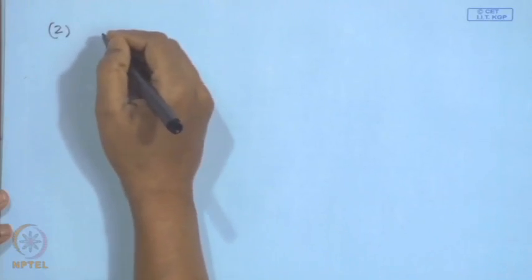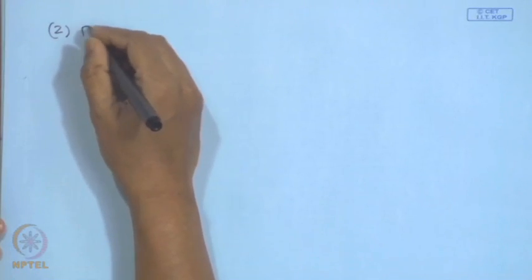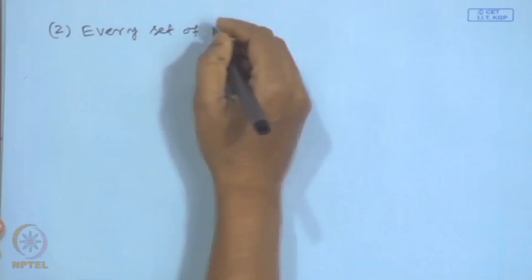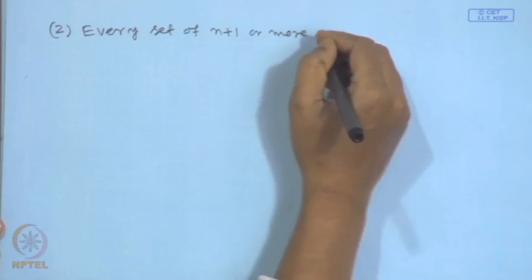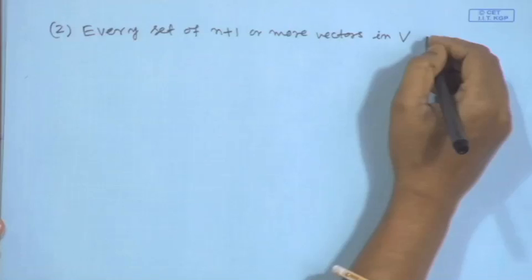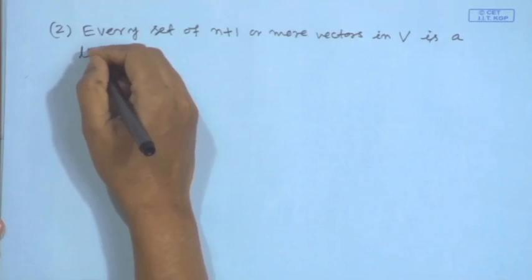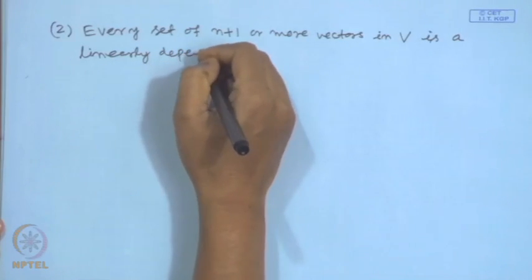Second property is like this: every set of n plus 1 or more vectors in V is a linearly dependent set.